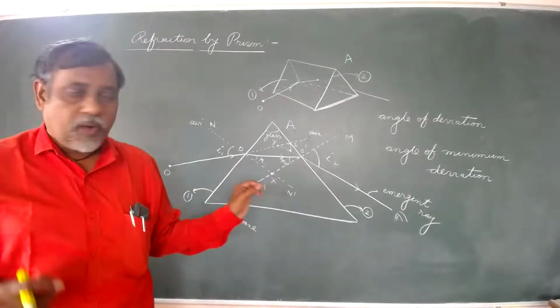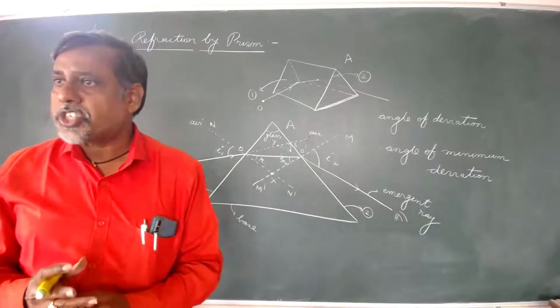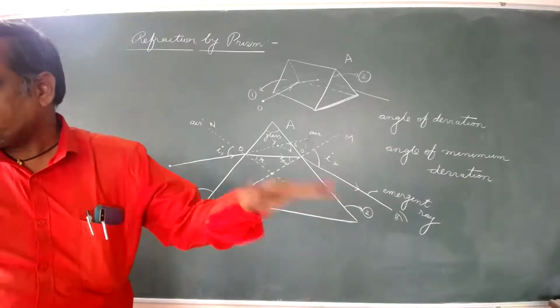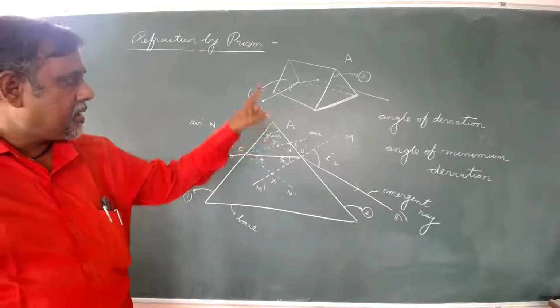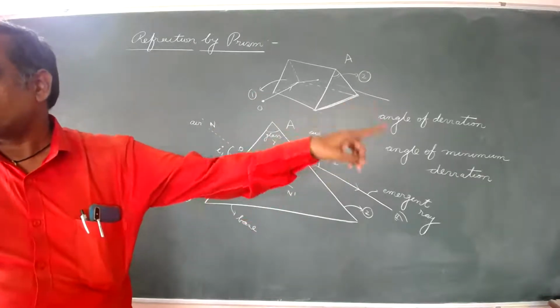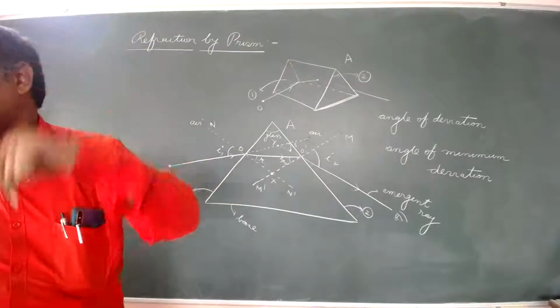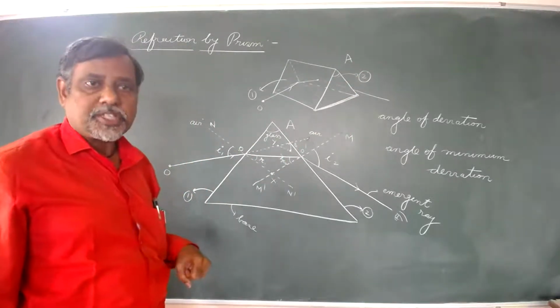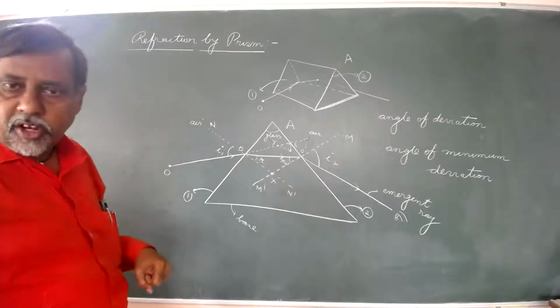If you want to have the angle of minimum deviation, there must be some condition. When the prism meets those conditions, the prism will come into the position of the angle of minimum deviation. What is the concept of the angle of minimum deviation?